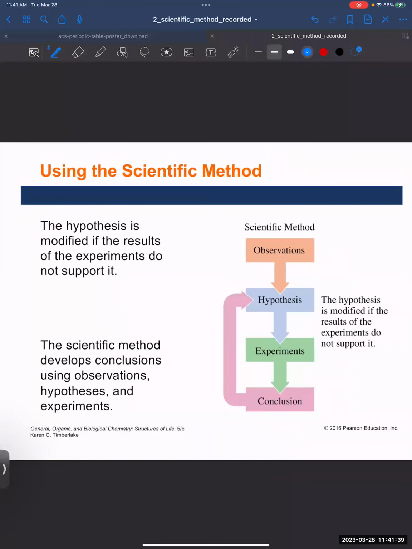I really want to emphasize here that the scientific method isn't linear, although sometimes it appears that way. It can be cyclical, meaning that more often than not, the hypothesis needs to be modified if the results of the experiments do not support it.